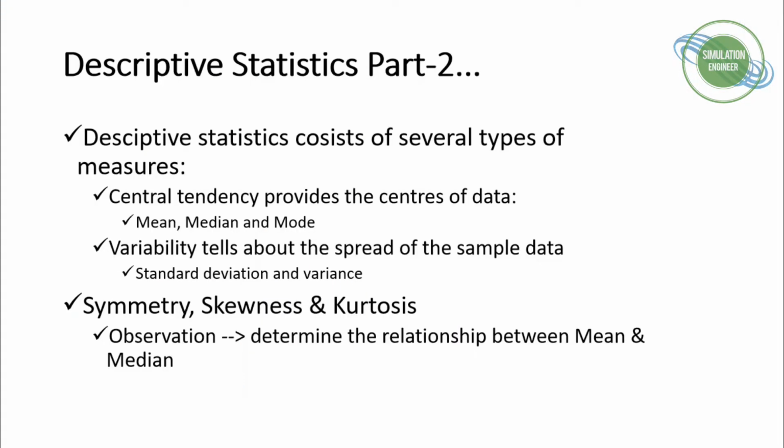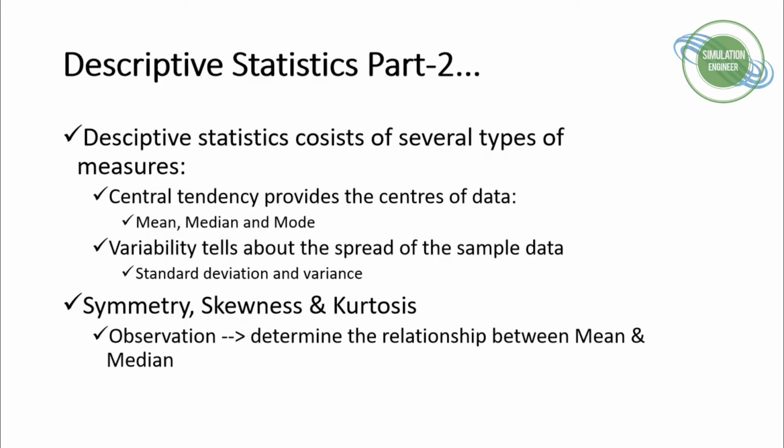As mentioned earlier, this is descriptive statistics part 2. I am going to repeat some of the things I did in the first tutorial. Descriptive statistics consists of several types of measures for sample data. The first one is central tendency, which provides the center of the data, dealing with the central part and central trends of your data.